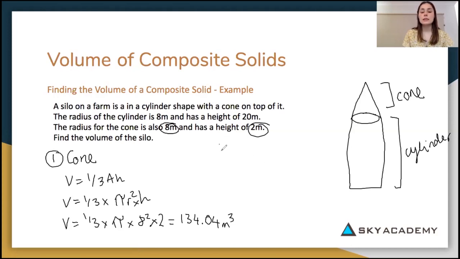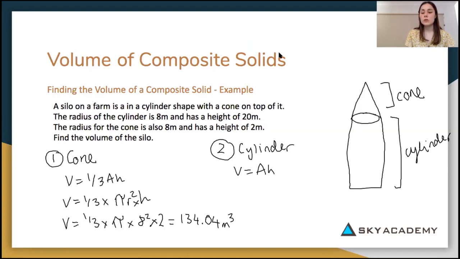Now let's do the same steps, but for our cylinder. The cylinder volume is going to be pi r squared h. So it's volume equals AH, but our area is once again the area of a circle. So our area is going to be pi r squared, and then we're going to times it by our h. Might just draw a line down there. There we go.